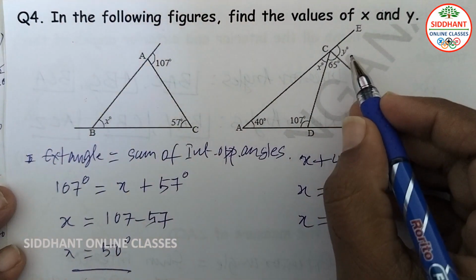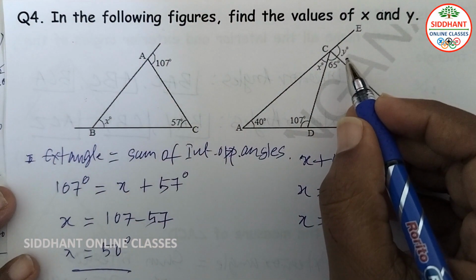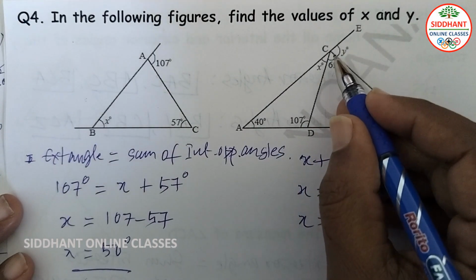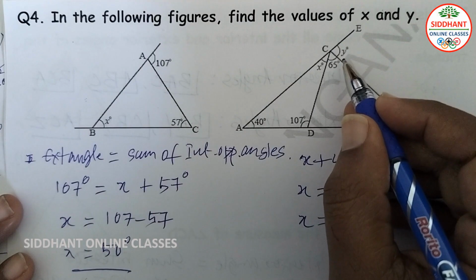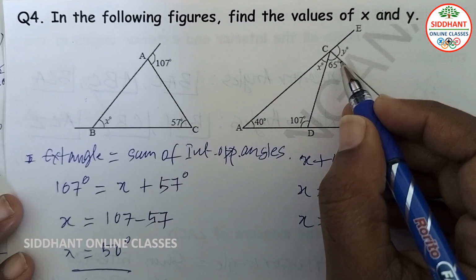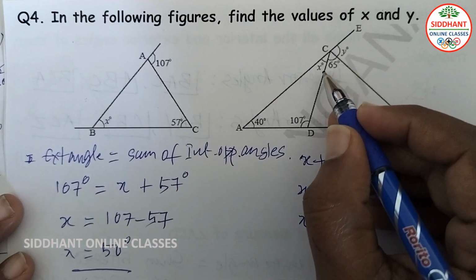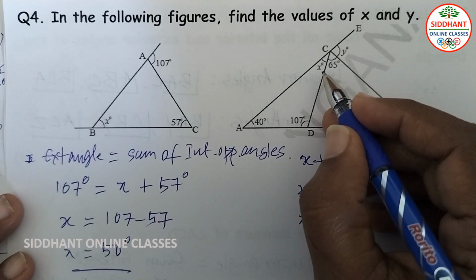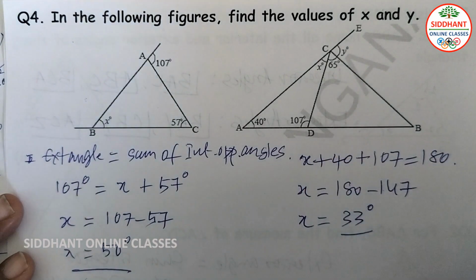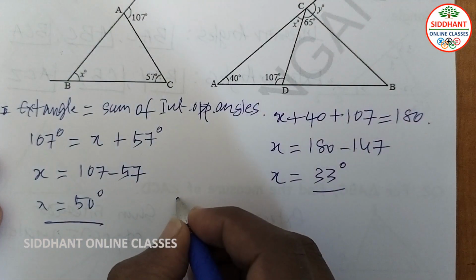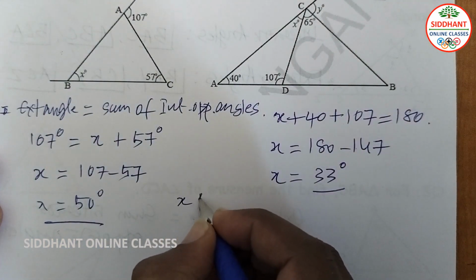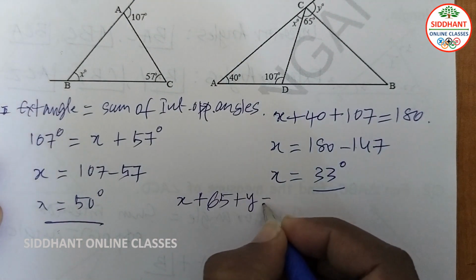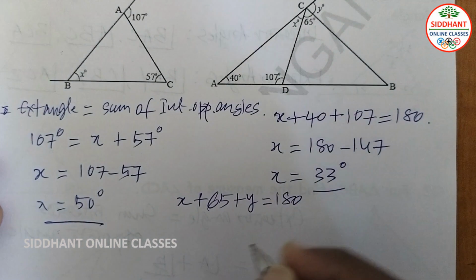Next we are going to find Y here. We know that these are linear pair angles, so the sum is equal to 180 degrees. So X plus 65 plus Y equals 180 degrees.